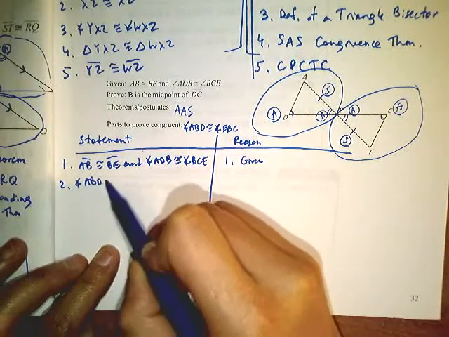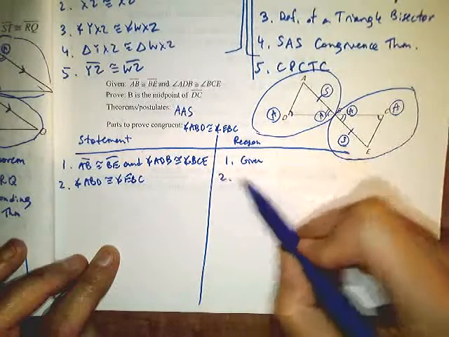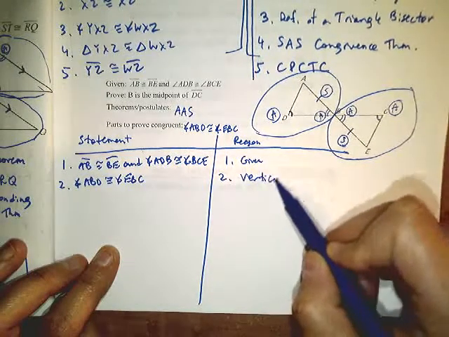Angle ABD is congruent to angle EBC because they're a vertical angle pair.